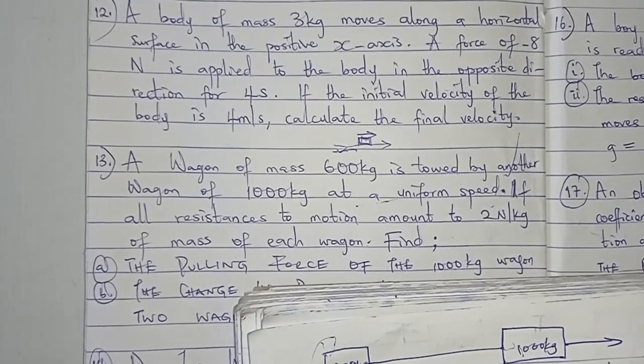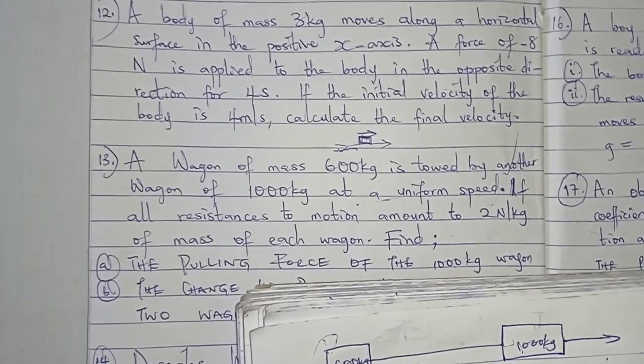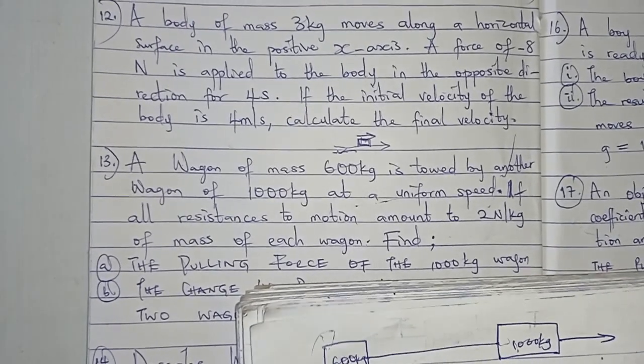amounts to 2 Newton per kg, so that means that this becomes 2 times 600 for every mass.